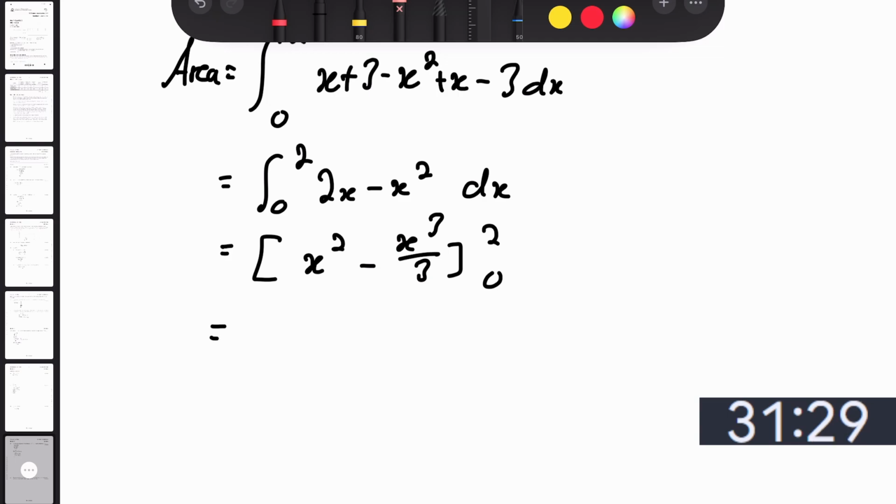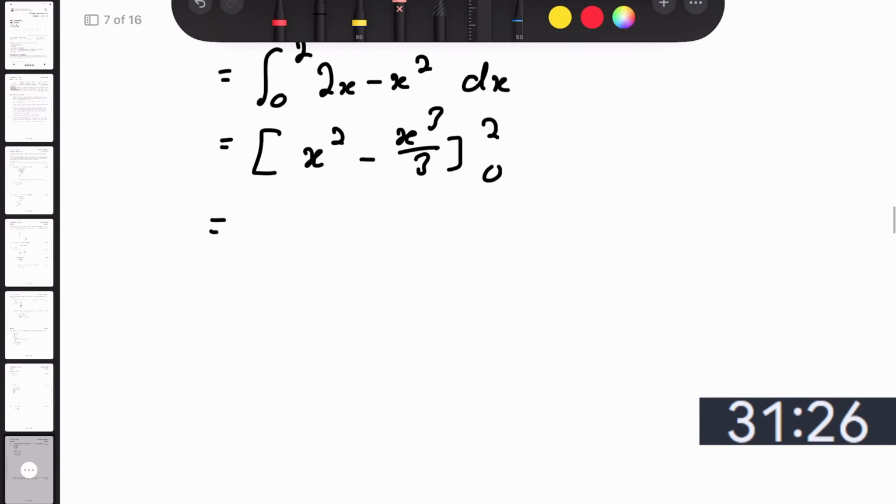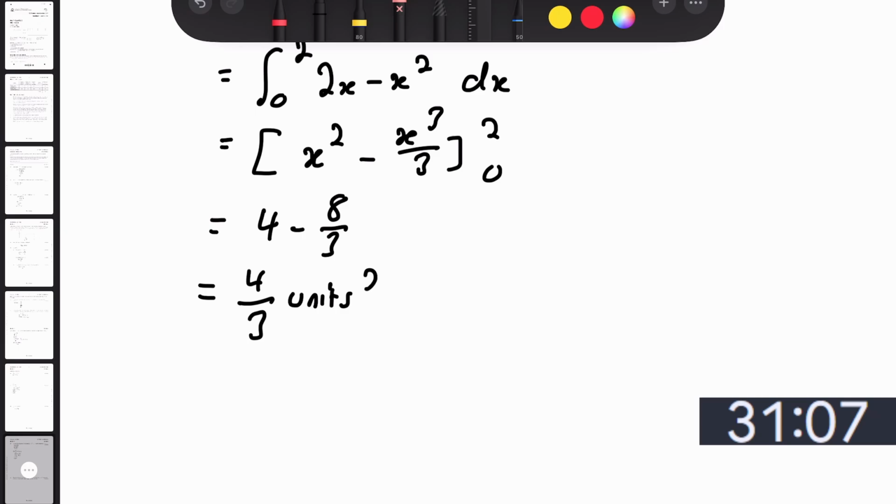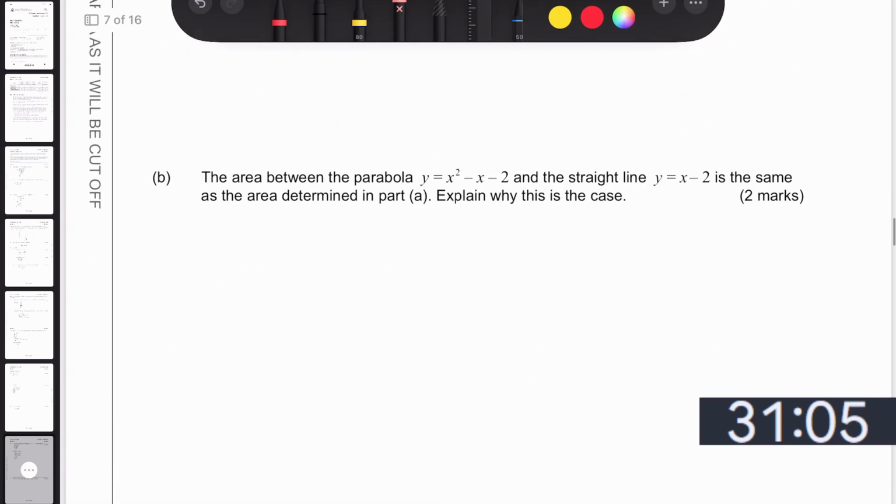Now I can already see that if I plug in 0, I'm going to get 0. So I only have to worry about the top term of 2. So that's going to be 4 minus 8 on 3. 4 times 3 is 12, 12 minus 8 is 4. So this is 4 on 3 units squared. And we move on.